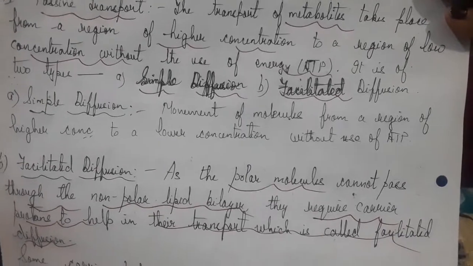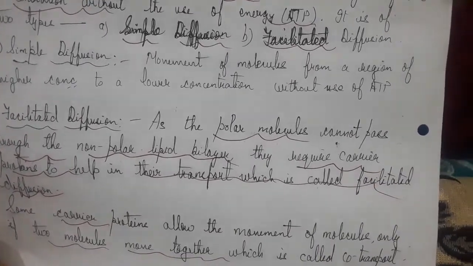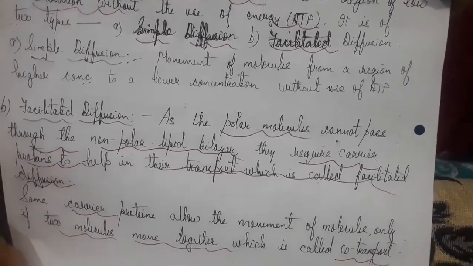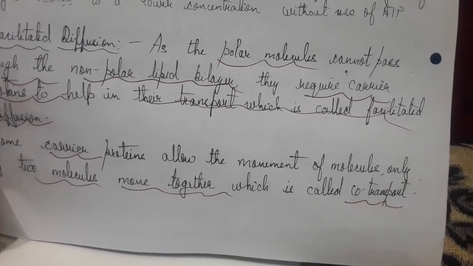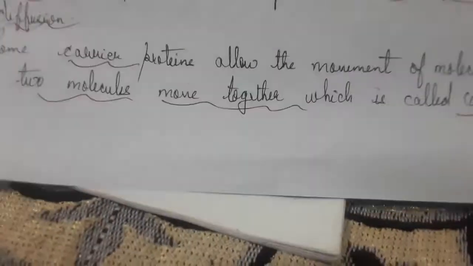That's why it is referred to as the fluid mosaic pattern. Whereas the lipids are made up of phospholipids, oligosaccharides, water, and one more is left.